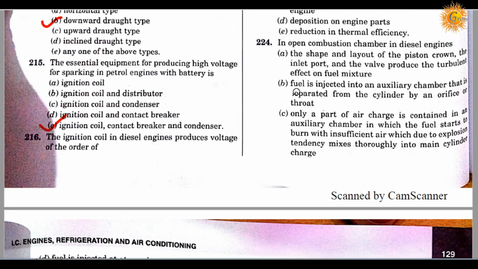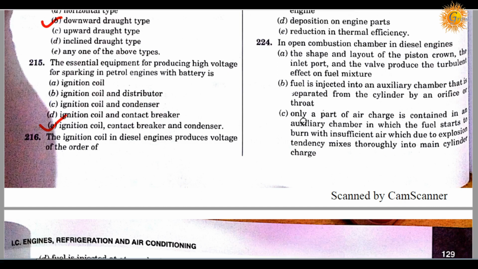Question number 224. In open combustion chamber in diesel engines, option A, the shape and layout of the piston crown, the inlet port and the valve produce the turbulent effect on the fuel mixture. Option B, fuel is injected into an auxiliary chamber that is separated from the cylinder by an orifice or throat.